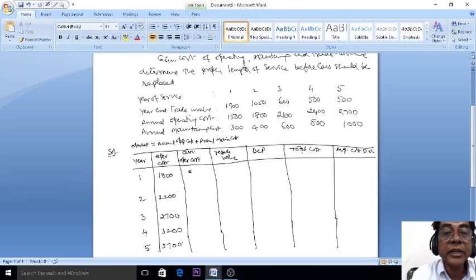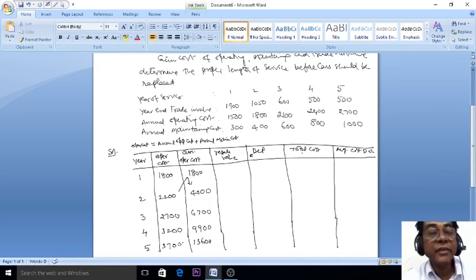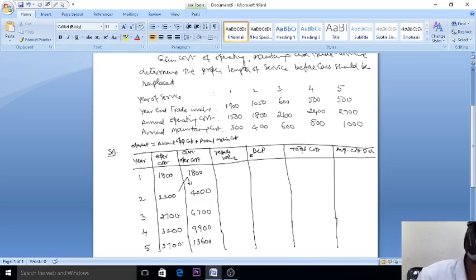Cumulative means write down 1800 as it is and add these values: 2200 plus 1800, 4000. 4000 plus 2700, 6700. Then 9900. 9900 plus 3700, 13600.